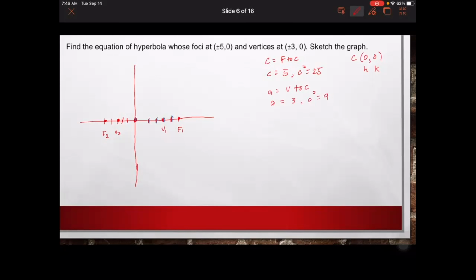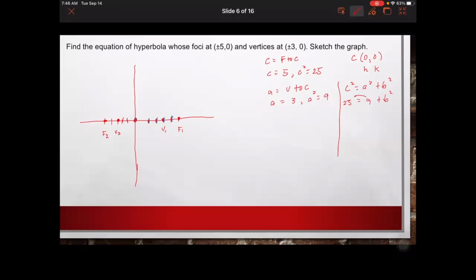Yan. Then, from that, we can identify our letter B. So, using the C squared is equal to A squared plus B squared. So, to identify that, this will be 25 is equal to 9 plus B squared.